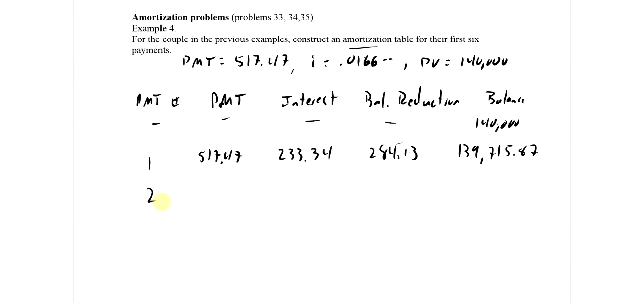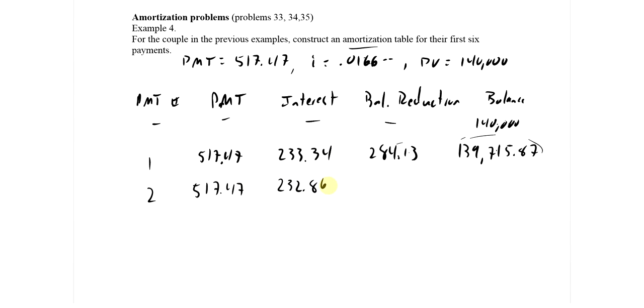So payment number 2, you pay $517.47. How much is the interest? Well, now this is the balance. So balance times interest is $232.86. So that's how much of your payment goes to interest.